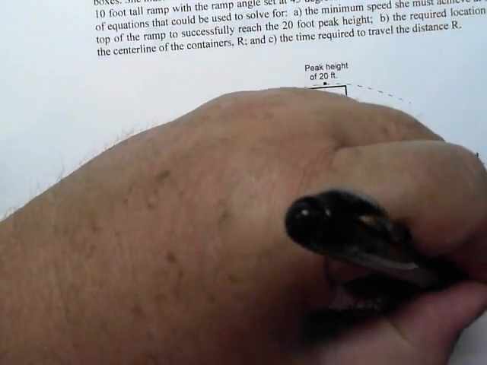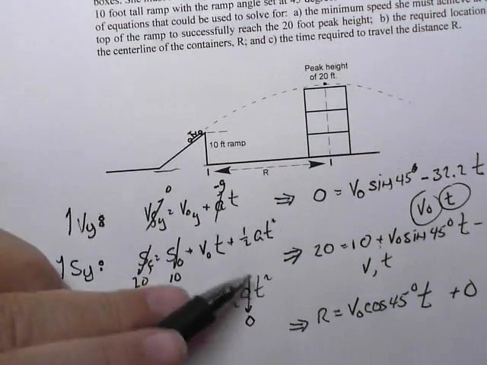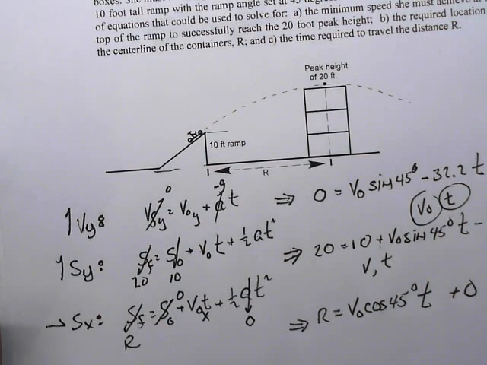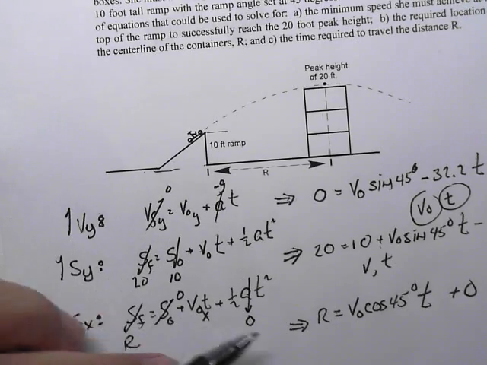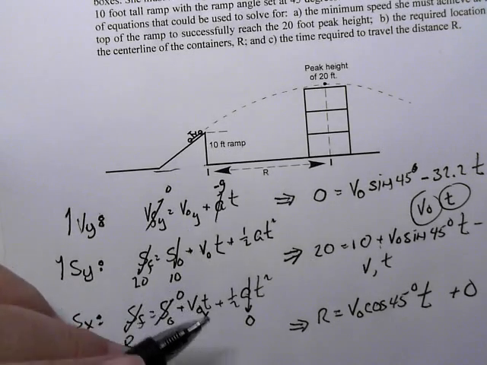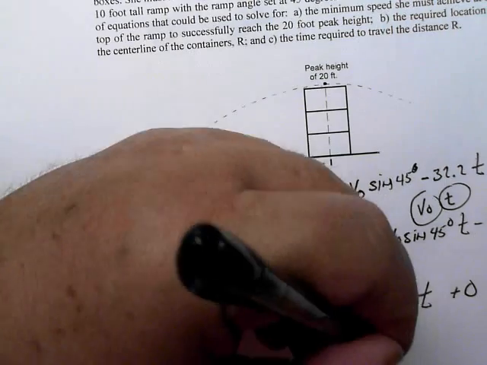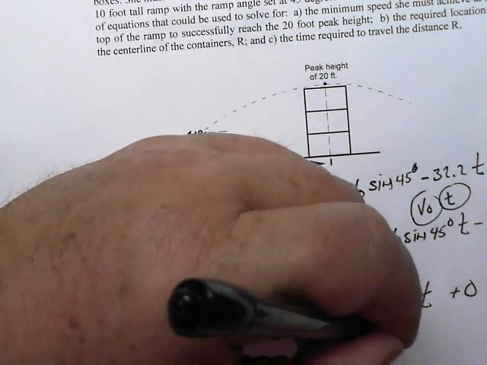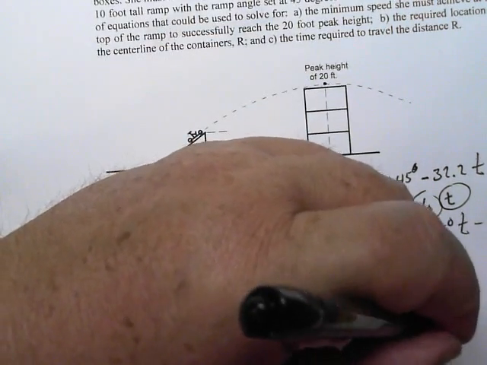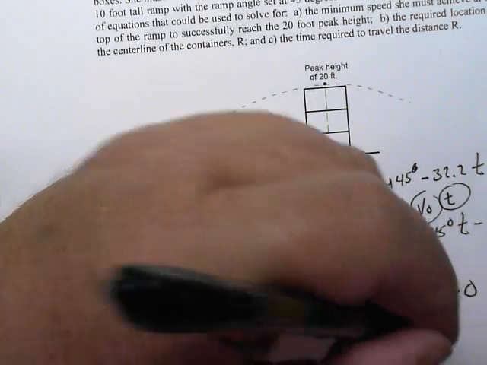And then I'm going to put this plus 0 right there to remind us that we had that acceleration term. And this is our third equation, and it's going to involve R and V0 and t from the original set.